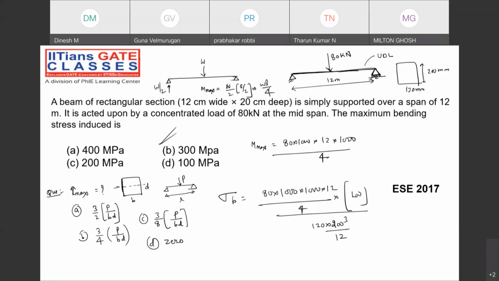I think bending moment calculation is over, right? Maximum bending stress is over, right? All of you?